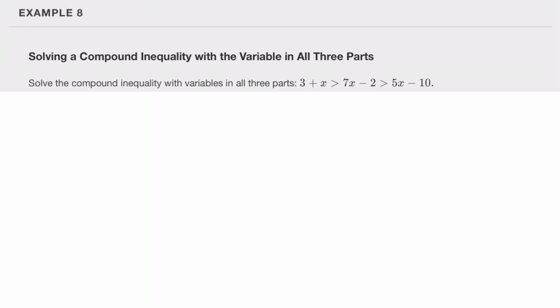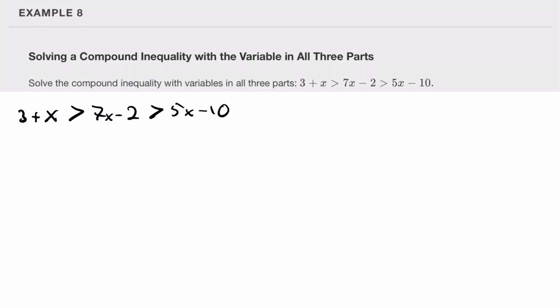Let me think just for a moment. Yeah, I think we can break this apart, right? So we're starting with 3 plus x. Let me clean that up a bit. 3 plus x is strictly greater than 7x minus 2, which is strictly greater than 5x minus 10.